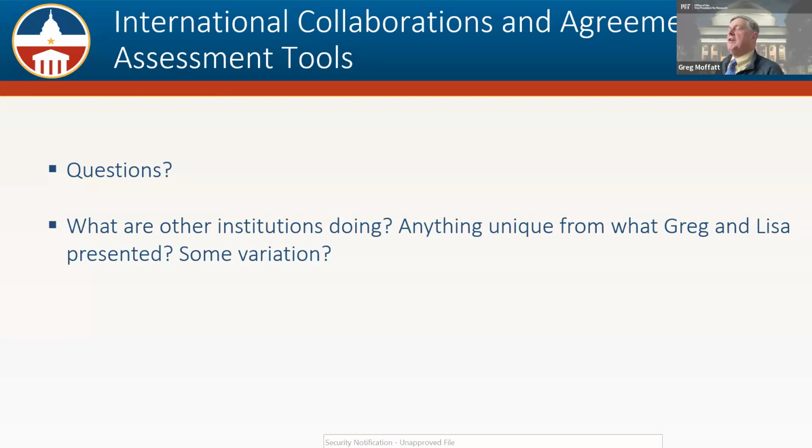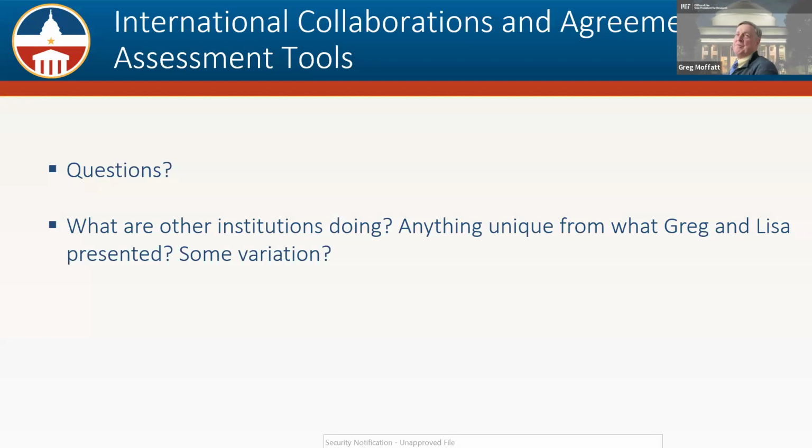It is behind our firewall, so it's not something you can see just by going onto MIT's publicly available website. That's why in the slides you'll see basically how we constructed it. If anybody wants to talk about the construction of it, they could certainly reach out to me. I'm not the person who can answer the technical questions, but I could get you in touch with the right person.